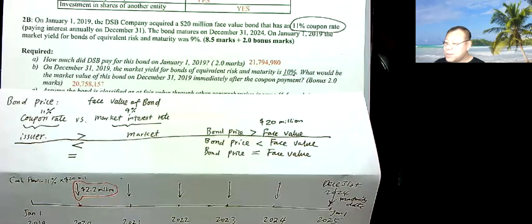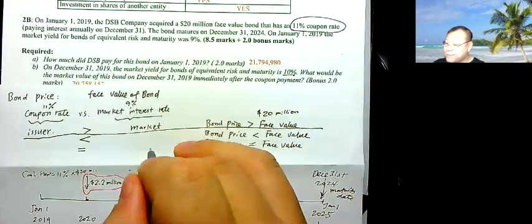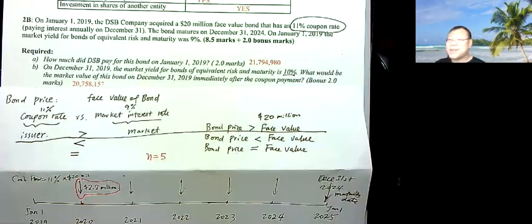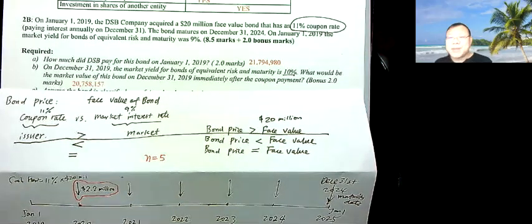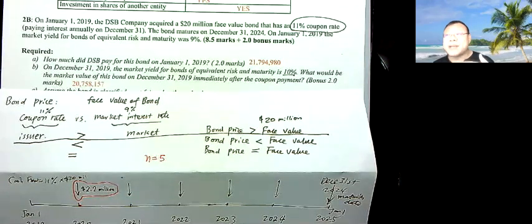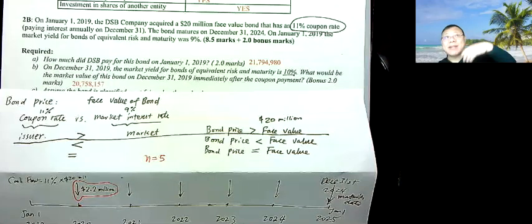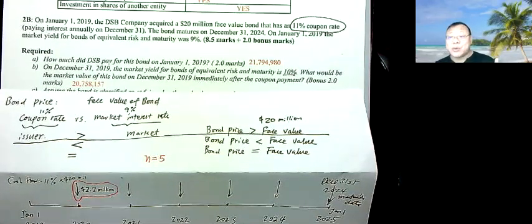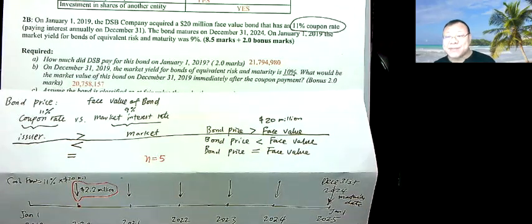N should be equal to 5, because the first payment has been captured by the first investor. When you buy this bond from the original investor, there are actually only 5 coupon payments left.